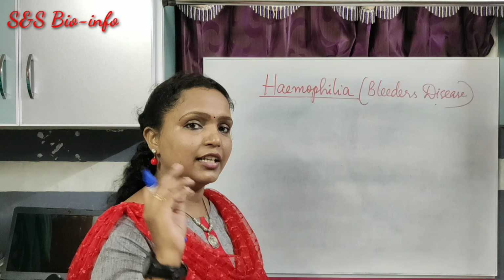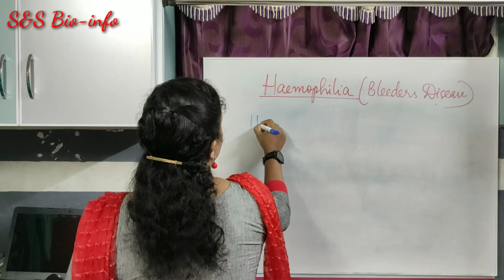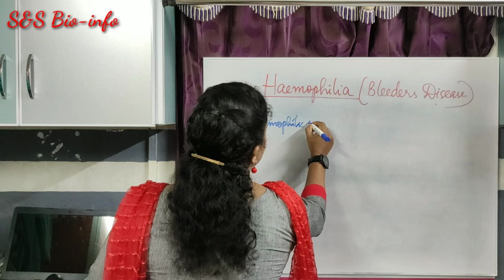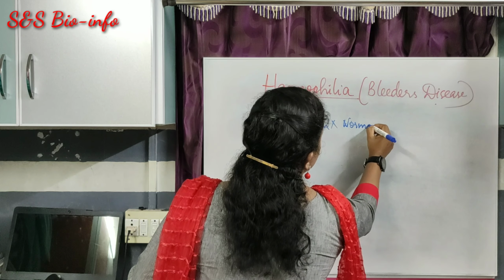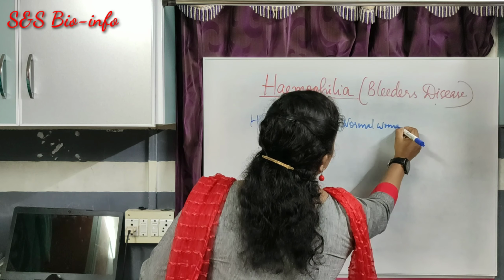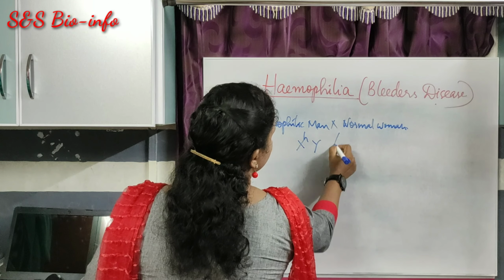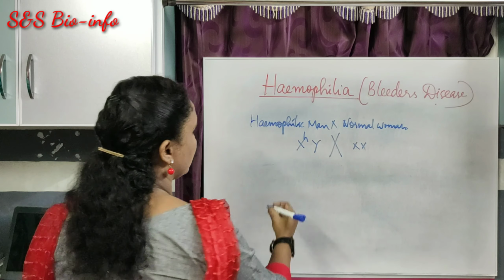Then let's consider another cross: a hemophilic man with a normal woman. Hemophilic man XHY, normal woman XX. So what are the possible genotypes here?